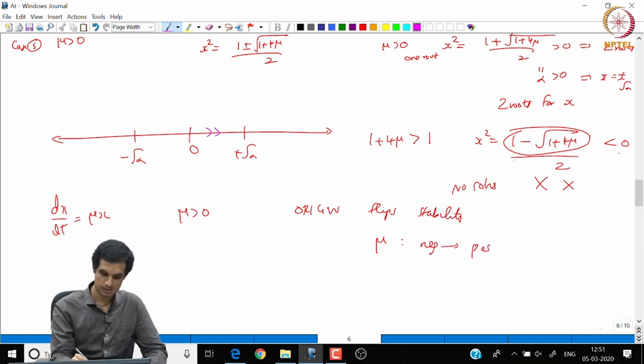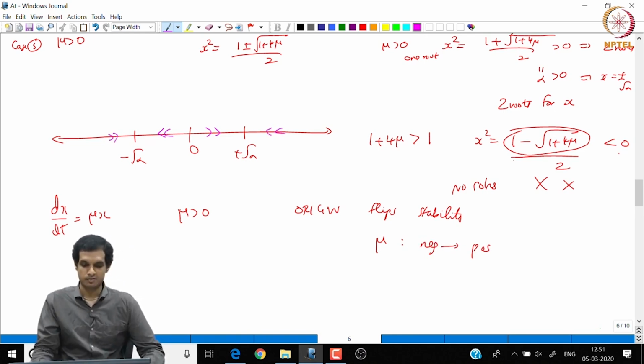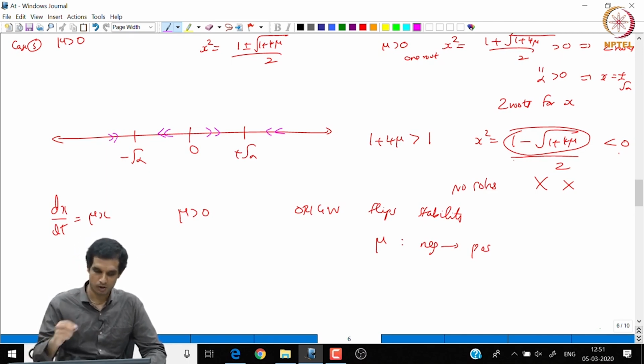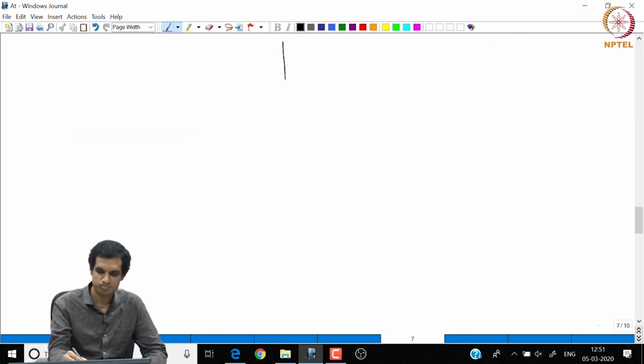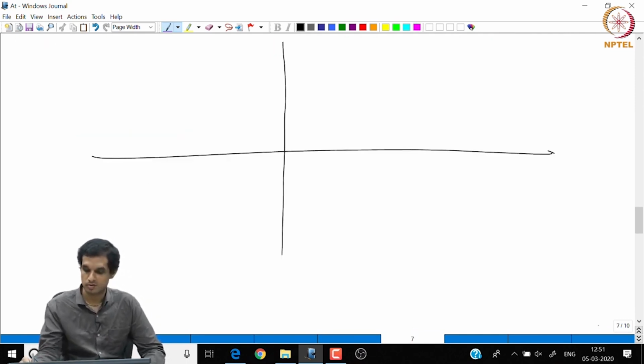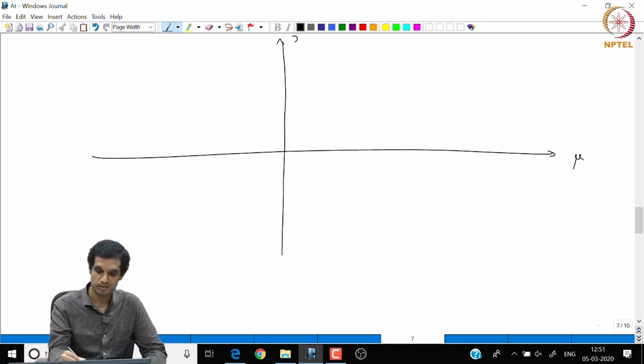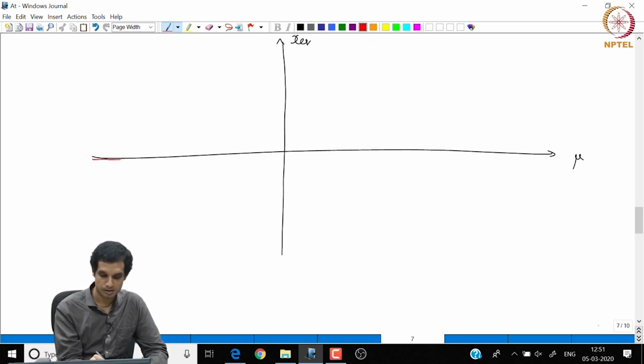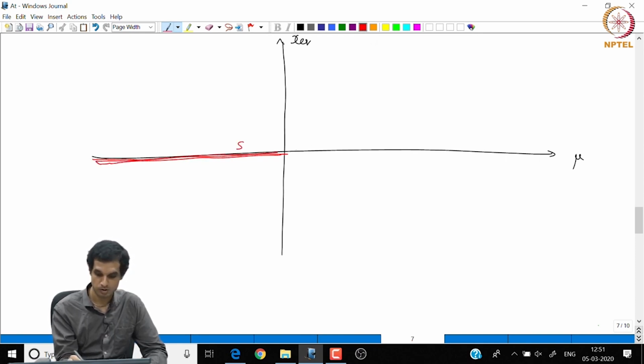So, we will just have something like this, and hence if we plot a diagram of how the equilibria vary with the parameter, what we will have is, this is mu and these are the equilibrium values. So, the origin is always one equilibrium we saw. So, x equal to 0 is always an equilibrium, but when mu is negative it is stable, whereas when mu is positive it becomes unstable.